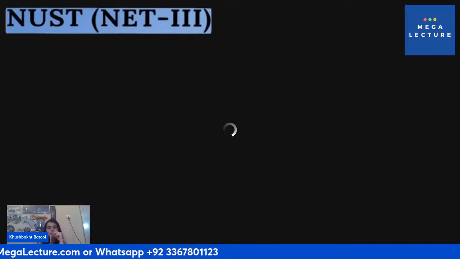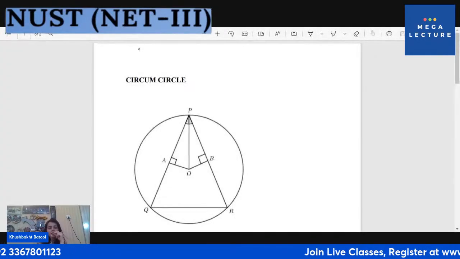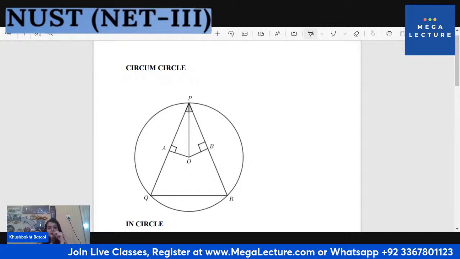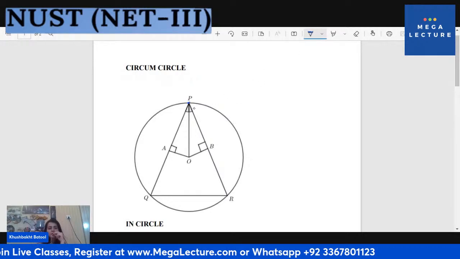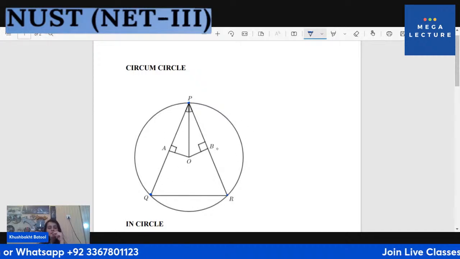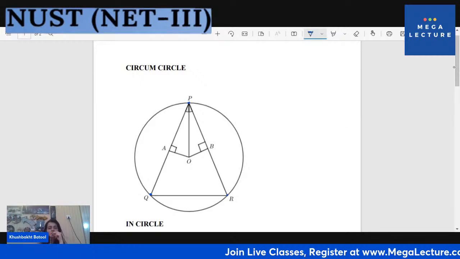All right, I have shared the screen again. Now what is happening here? This is the circumcircle. These are the vertices of your triangle P, Q, and R, and your circle is touching the vertices, right? So this is your circumcircle.